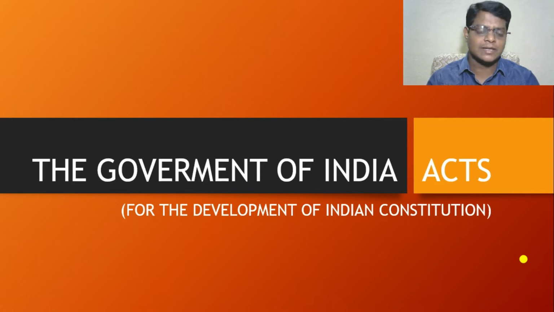Then after the Charter Acts, they formulated some Council Acts such as the 1862 Council Act and also the 1892 Council Act, and the Government of India Act 1858, and the Indian Council Act 1909, the Government of India Act 1919, the Government of India Act 1935, and finally the Indian Independence Act 1947.